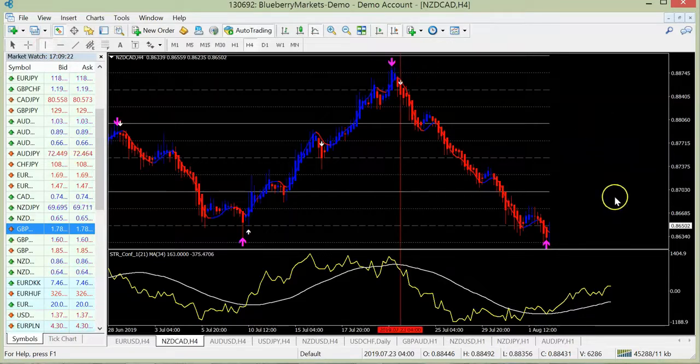At the moment when you get the arrow, you will see that this is the Neuro prediction indicator. This indicator predicts the future movement of the price according to past calculations.